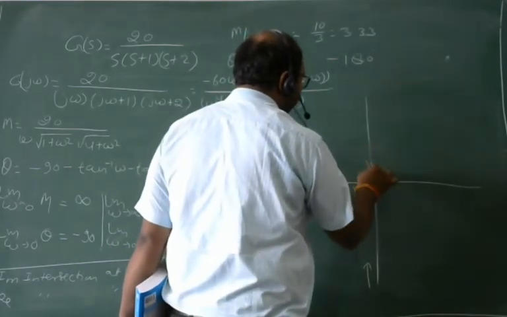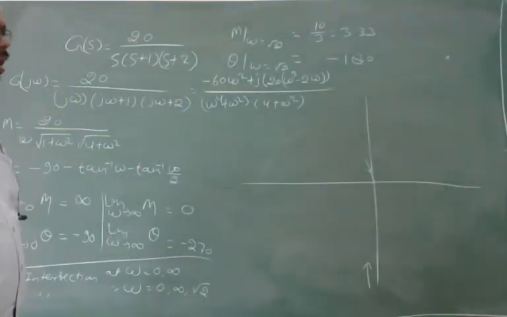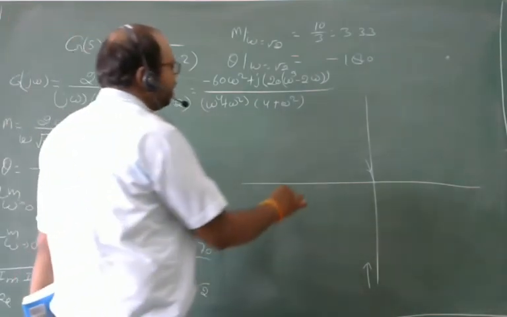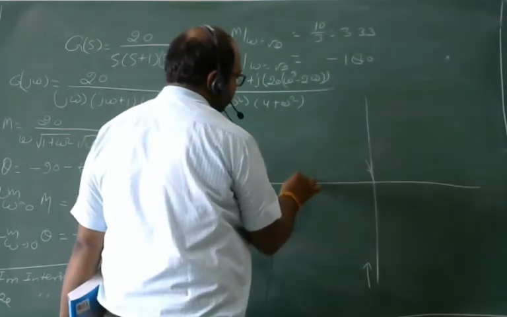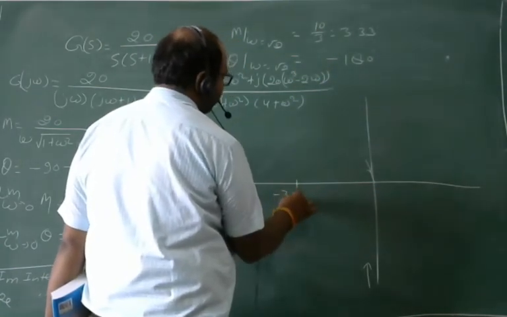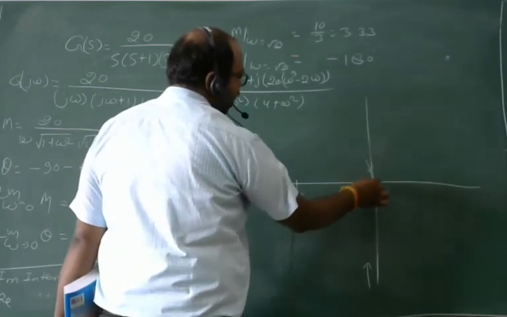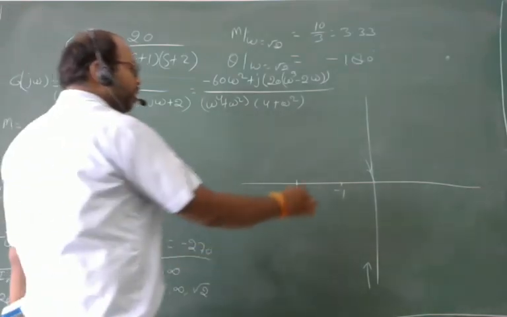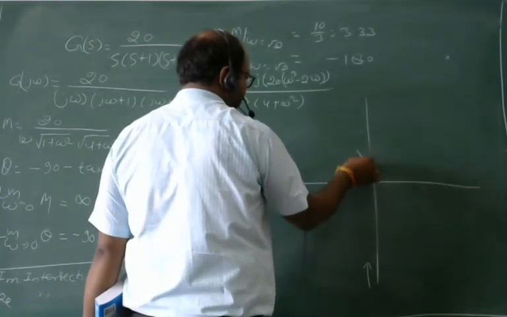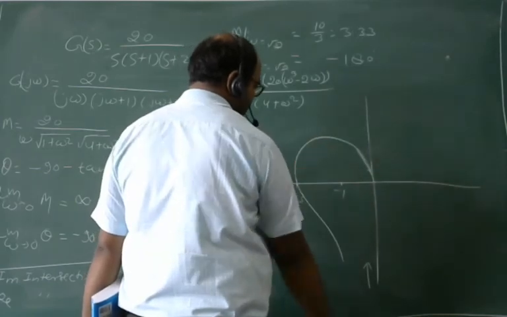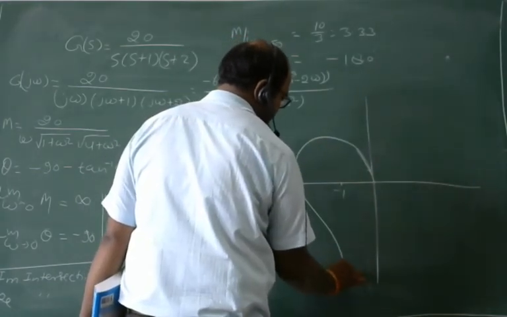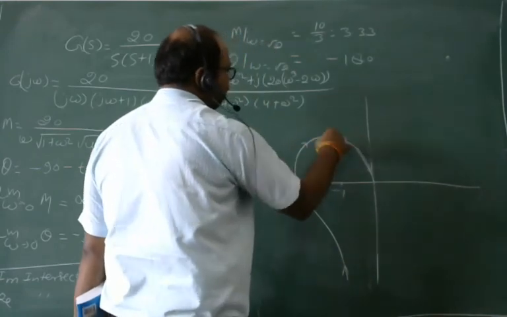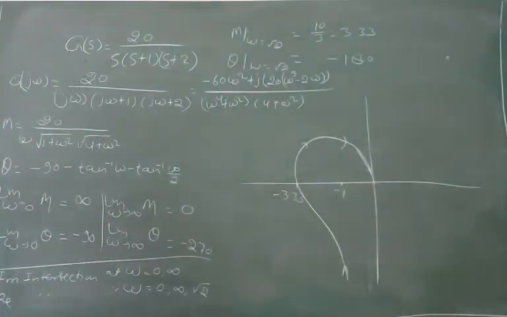So we will end up here. And the intersection is at the minus 180 degree line, and the value is minus 3.33, which is 10 by 3, and 1 will be here, minus 1. So the critical point is here. This is our polar plot.